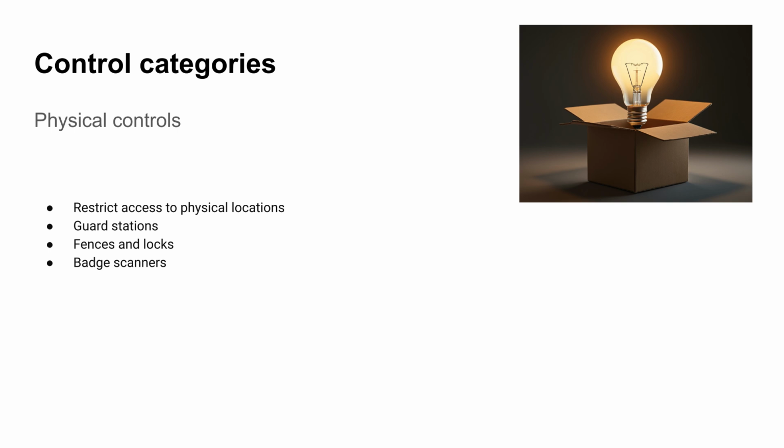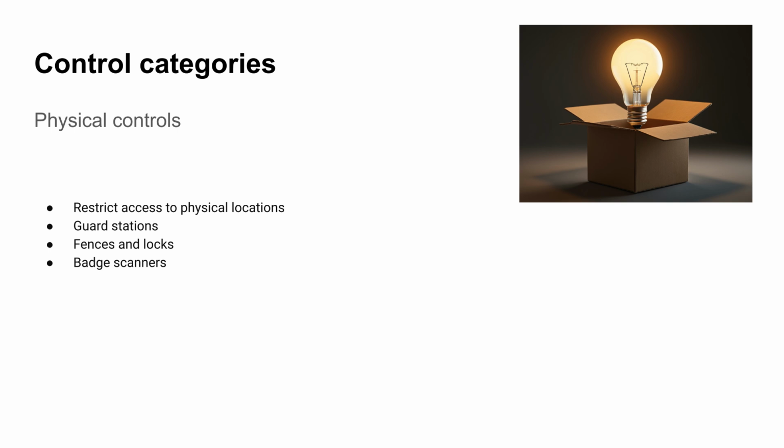Additionally, technologies like badge scanners are often used to manage access to secure areas within a facility. These physical measures are critical for protecting the tangible aspects of an organization, from buildings to equipment, and ensuring that only those with proper clearance can gain entry.